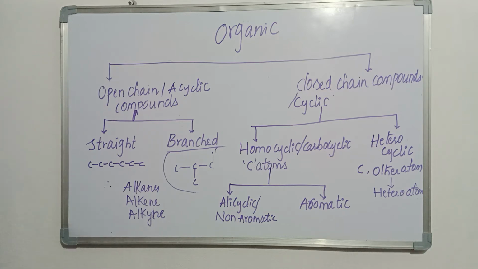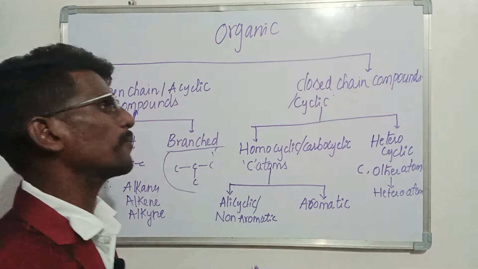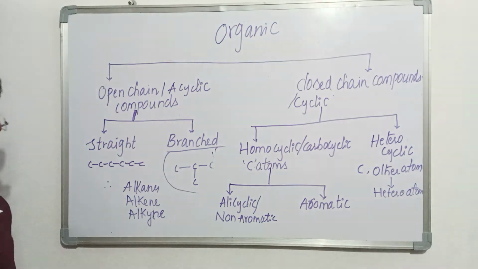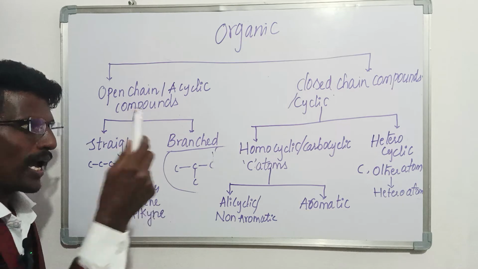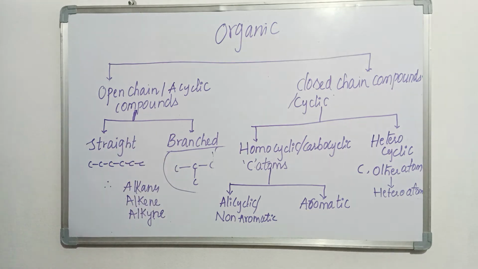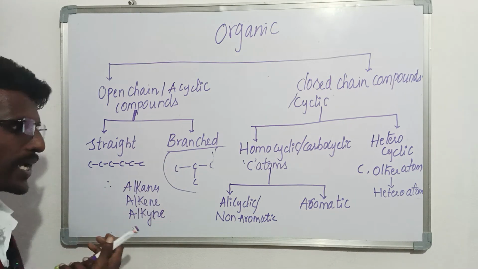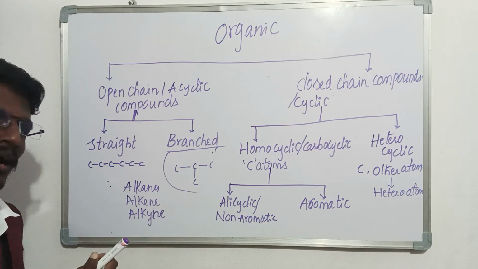These open chain compounds are again classified into straight chain compounds and branched chain compounds, and the cyclic compounds are again classified into two types: homocyclic or carbocyclic compounds and heterocyclic compounds. And these homocyclic compounds are classified into alicyclic compounds and aromatic compounds.